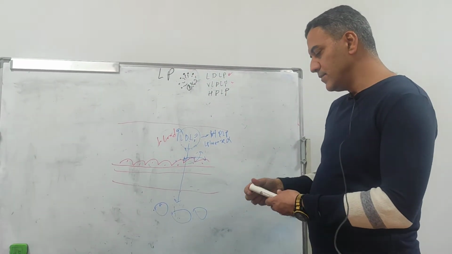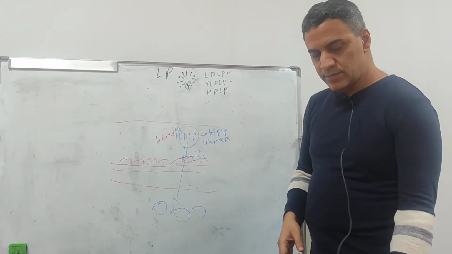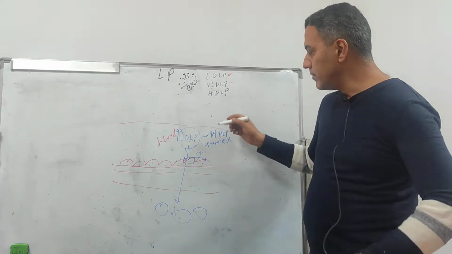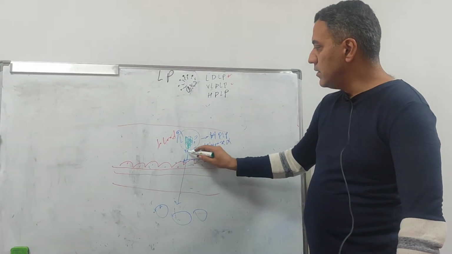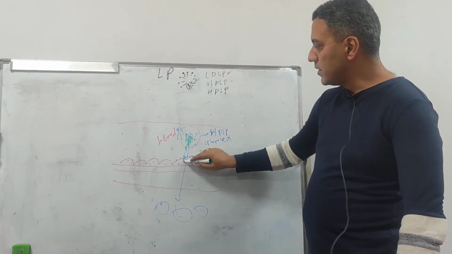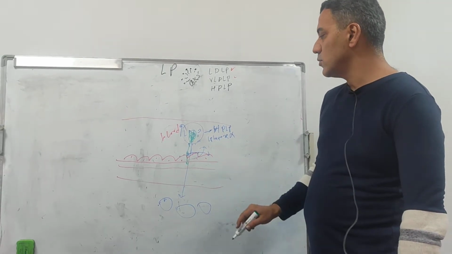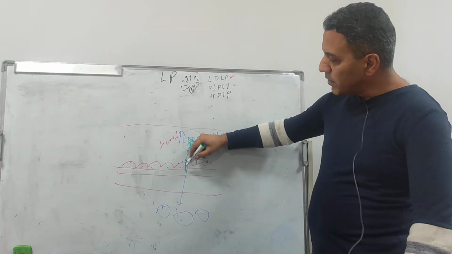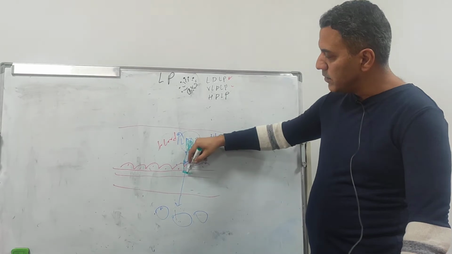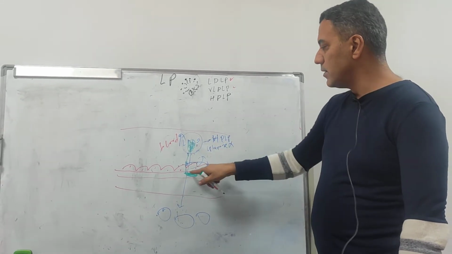Illegally, what does it mean? This fat is green color. This fat tries to pass the wall illegally. But so sorry, it cannot. It will be accumulated here in the subendothelial layer of the vessel.